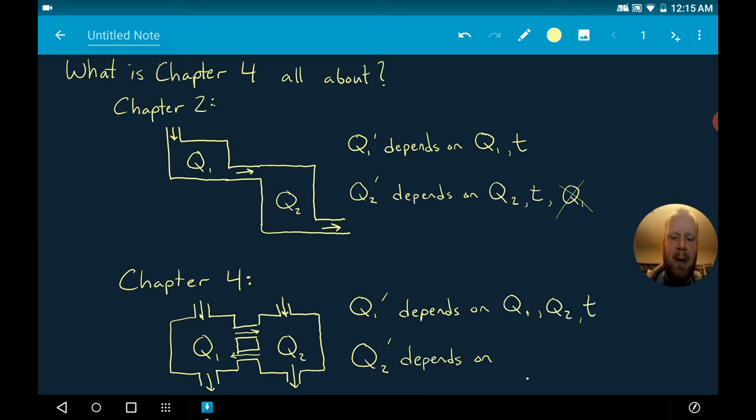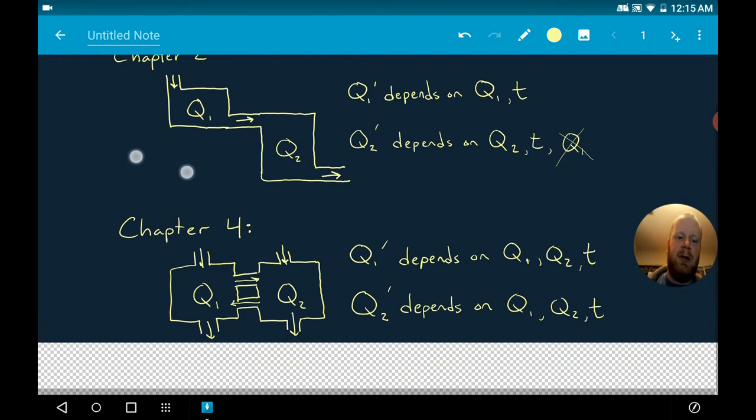It's getting information from Q1, Q2, and T. So what that means is we're going to have to solve for these two tanks simultaneously. We can't just solve for one and then solve for the other like we did up here. We need to solve it as a system all at once.